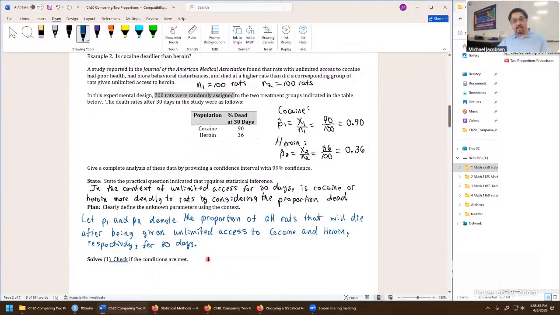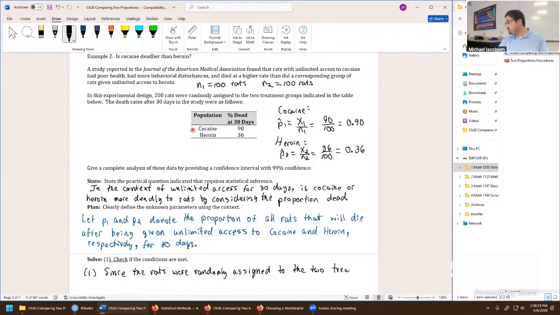So we can say automatically on part one, since the rats were randomly assigned, you could say to the two different experimental conditions, I'll say more briefly to the two treatments receiving either cocaine or heroin, randomly assigned to the two treatments, we have two simple random samples, and at the same exact time, those samples are independent.